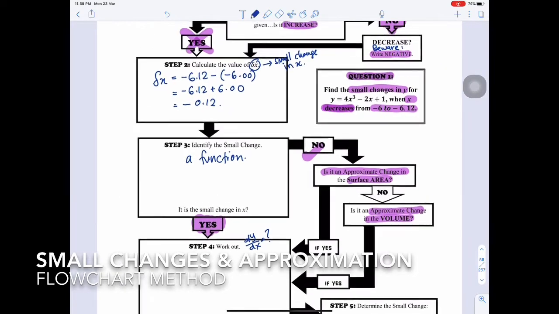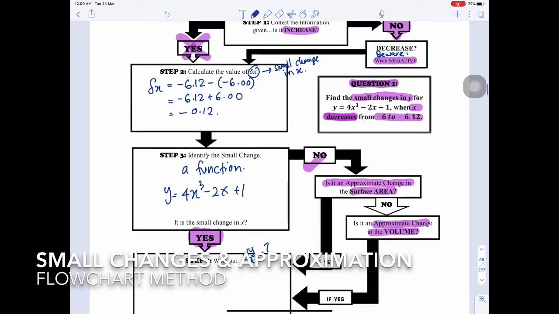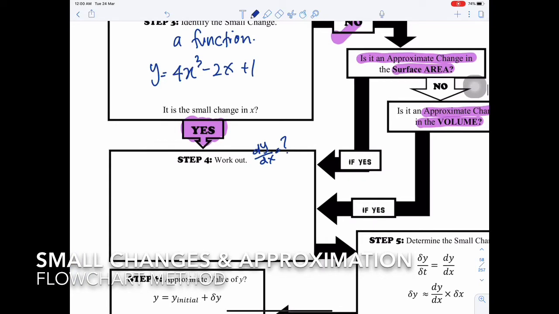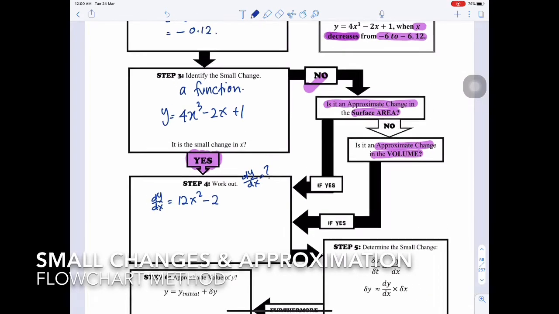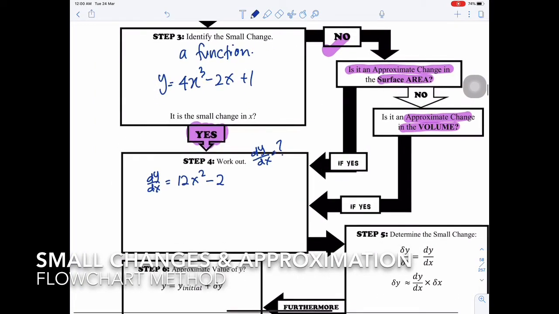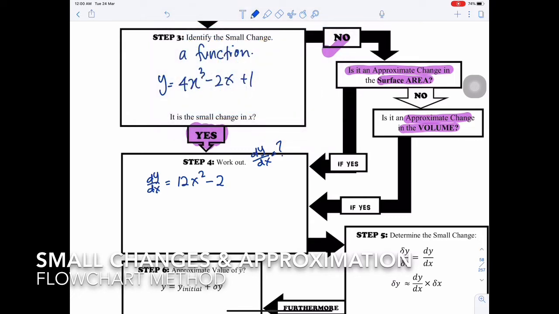You know the function is y equals 4x cubed minus 2x plus 1, and when you differentiate y with respect to x, you get 12x squared minus 2. From here we must know the value of x.